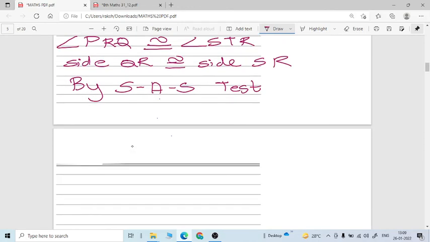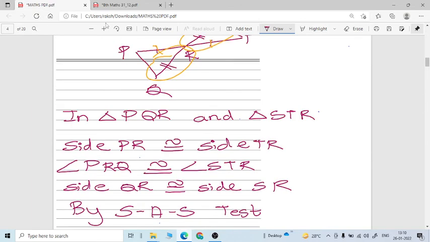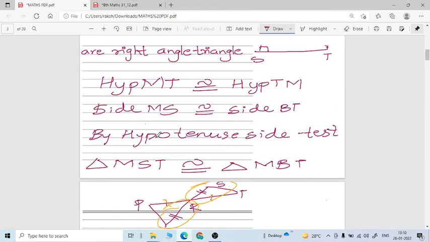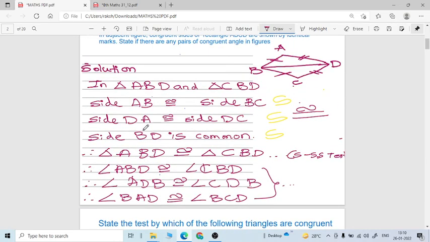Triangle PQR is congruent to triangle STR. Okay, I think you have understood how we solve by the properties of SAS test. Earlier we did by the hypotenuse side test, and earlier we did by SSS test, side side side test.